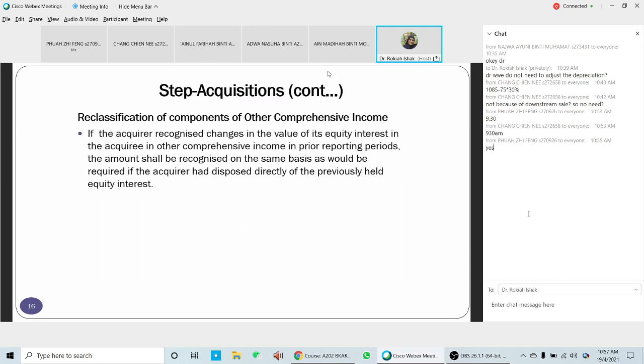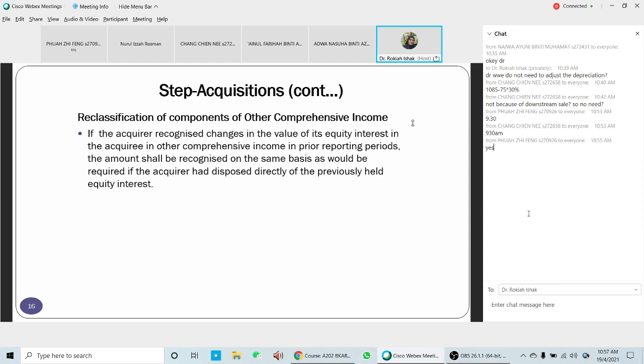Are you ready with your notes? Yes. Okay, so we're going to proceed with the notes. Last time we stopped at slide 15, isn't it? So what we learned last class is regarding step acquisition. The first one we look at is piecemeal acquisition.